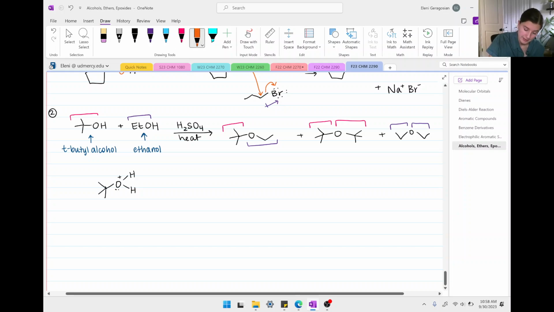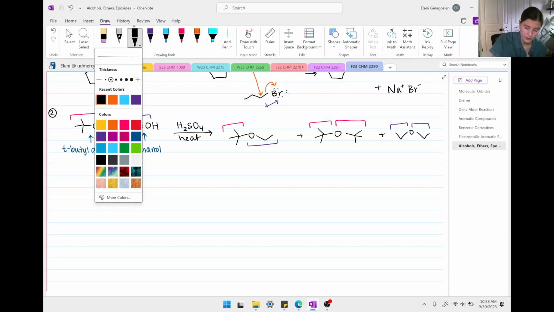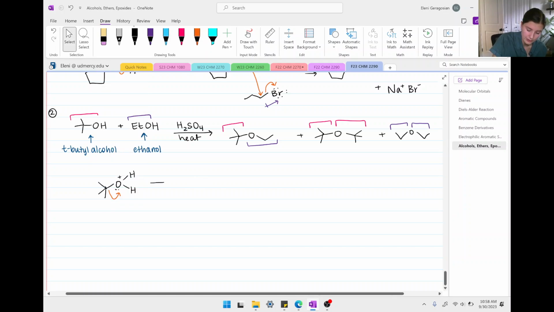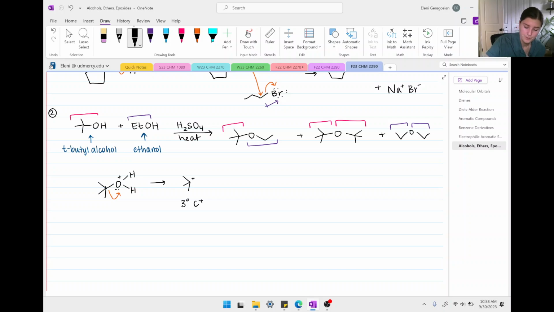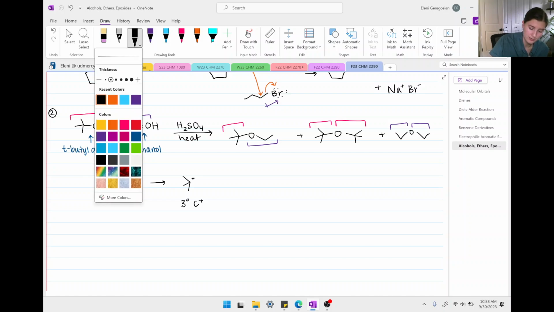Now the carbon that's bonded to the good leaving group is a tertiary carbon. So the water, which is a good leaving group, will readily leave the molecule, and we have a tertiary carbocation here, and that will happen relatively quickly. That's ready to react with ethanol, so that makes this first one that we drew the major product.